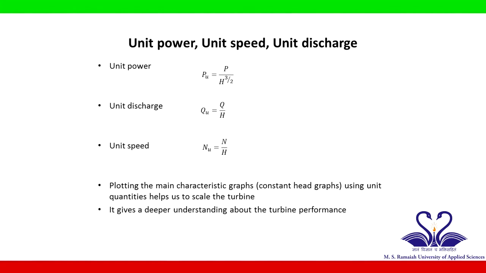Unit speed is defined as the speed of a turbine working under a unit head and can be calculated as Nu = N / √h. Plotting the main characteristic graphs, that is constant head graphs, using unit quantities helps us to scale the turbine. It gives a deeper understanding about the turbine performance.